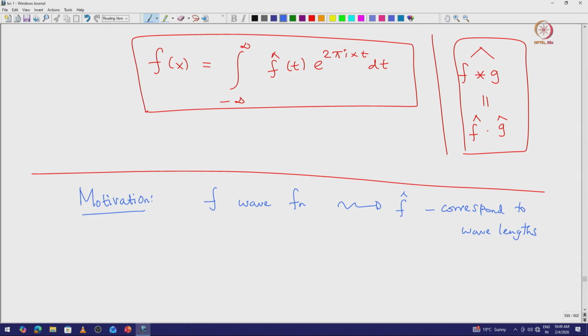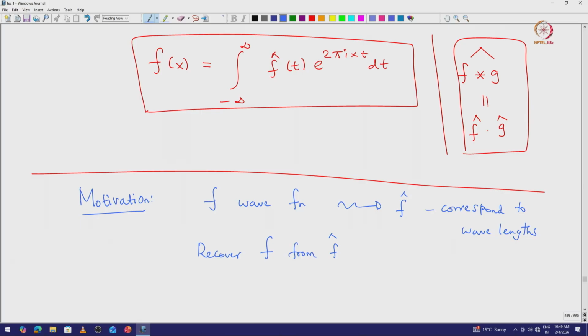The motivation is to recover f from f hat. But in practice, we may have some small wavelengths which can be ignored, because as far as human eyes and ears are concerned, those small wavelengths do not play any role.